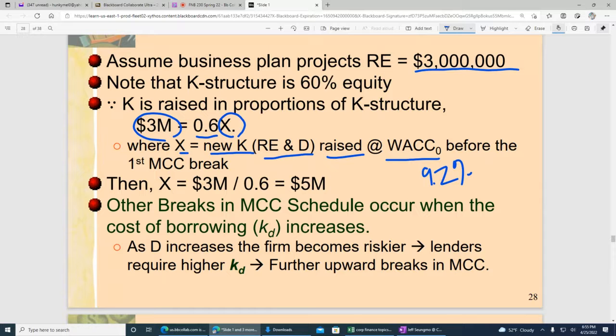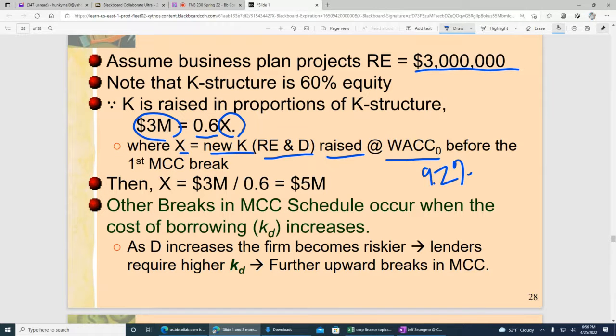And the new capital using retained earnings and debt, so since X is the new capital to be raised, but 60% of that is the retained earning of 3 million.